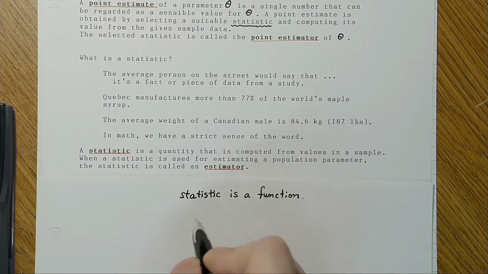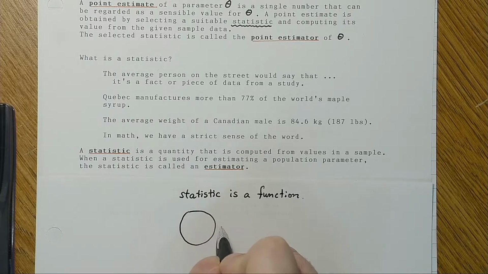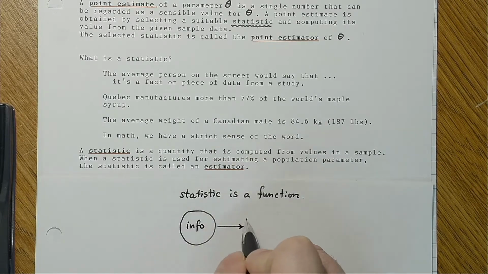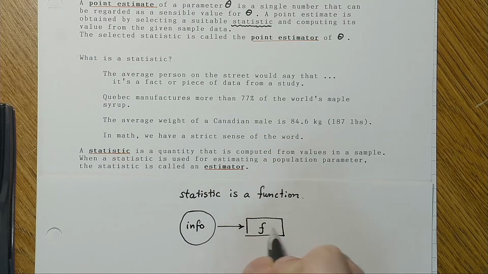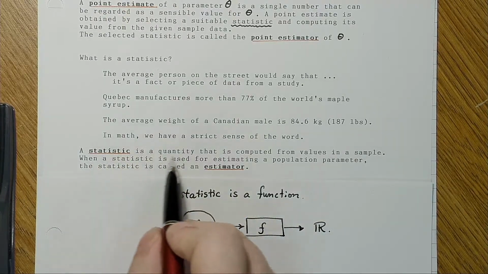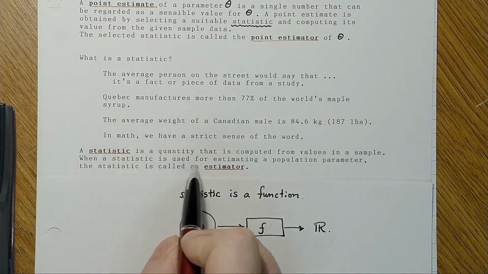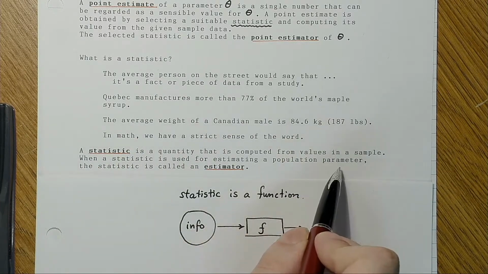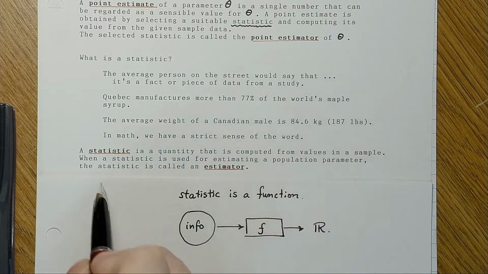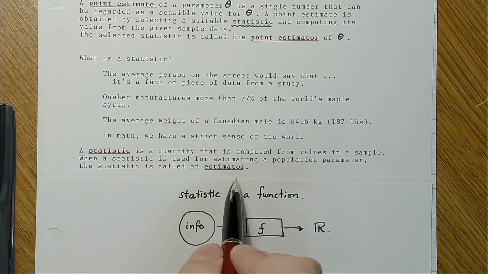It's a function. Some information gets passed into a function, and out comes a single real number. So again, a statistic is a quantity that is computed from values in a sample. And when a statistic is used for estimating a population parameter, like what we were doing with the battery, then we call that statistic an estimator.